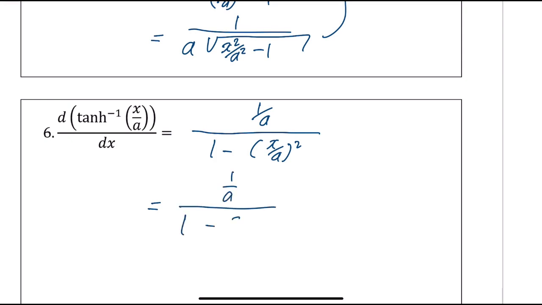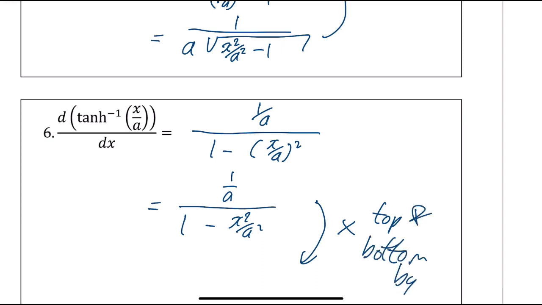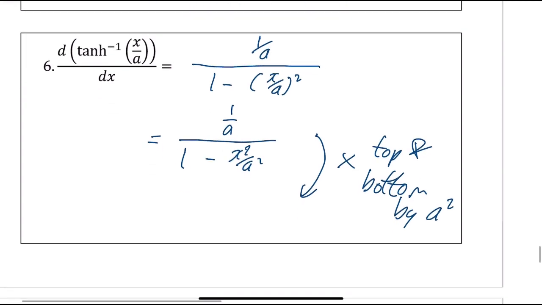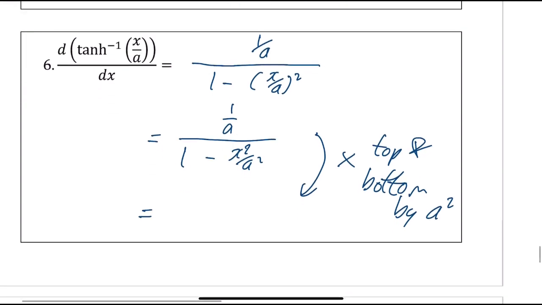Bottom line, you have 1 minus x squared over a squared. And what we're going to do here is multiply top and bottom by a squared. So if you do that, you're going to get on the top line a. On the bottom line, you're going to get a squared minus x squared. So there we've got a few wee results.